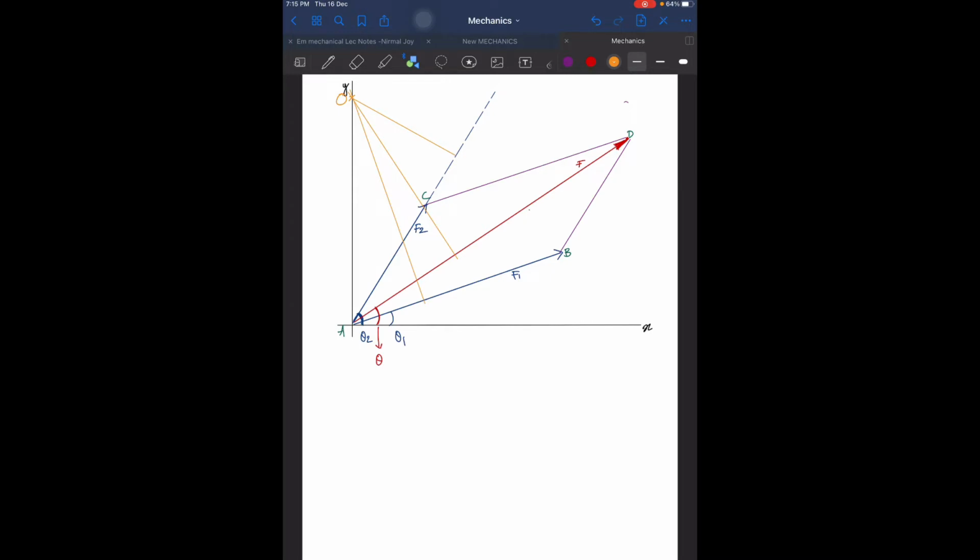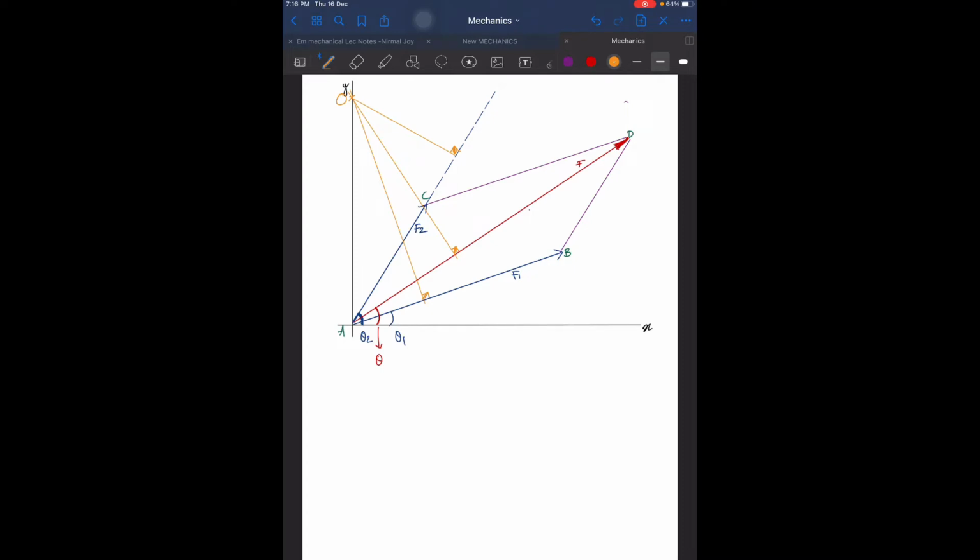So these are all the perpendicular distances from the line of action of each force, F1, F2 and the resultant F respectively.